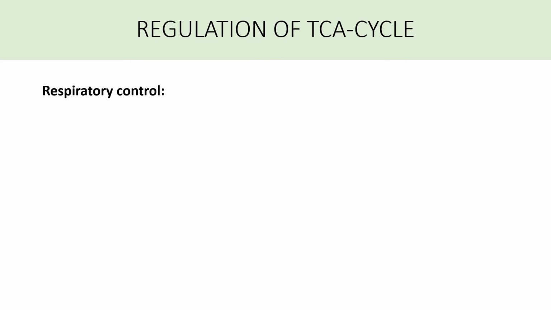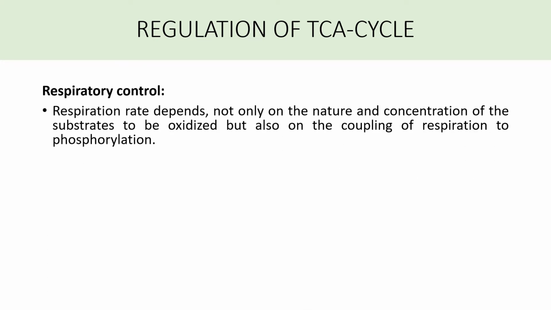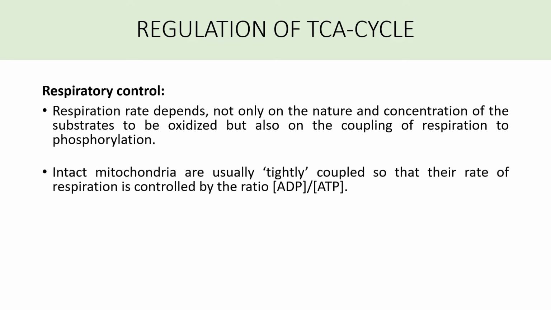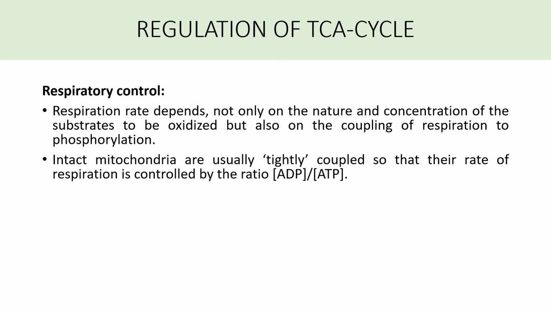Then there is respiratory control. Respiration rate depends not only on the nature and concentration of the substrates to be oxidized but also on coupling of respiration to phosphorylation. Intact mitochondria are usually tightly coupled so that their rate of respiration is controlled by the ratio of ADP over ATP.